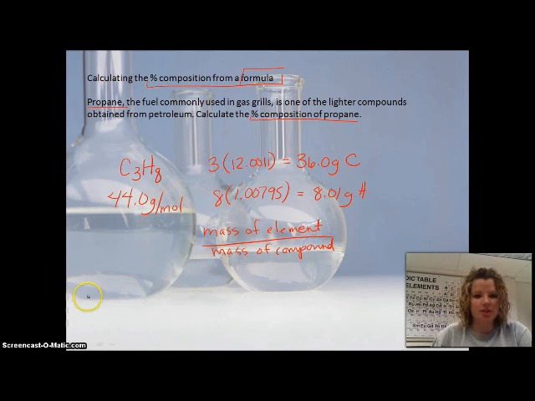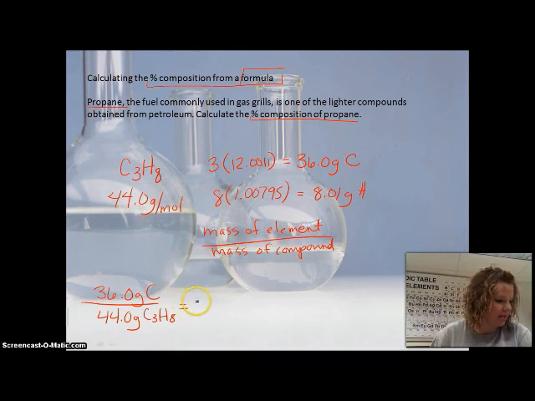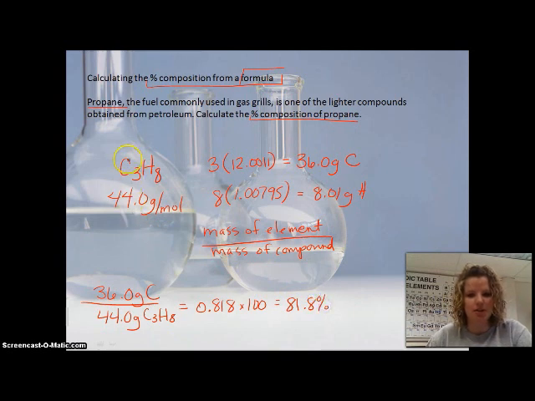So we're just going to take 36.0 grams of carbon, divide that by 44 grams of C3H8 propane, and we get 0.818. Times that by 100, and we get 81.8%. Now, notice that was the smallest of the numbers, and it's 81%.